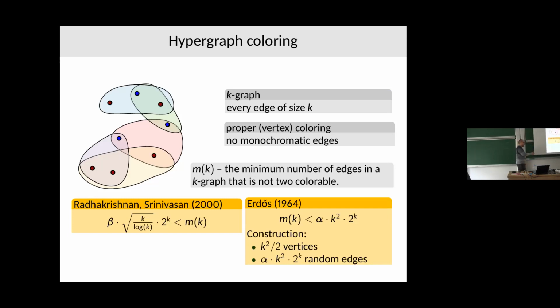And if you want some more convincing arguments to look at this in this way, there are some alternative definitions. So instead of asking what's the minimum number of edges, you can ask how large can be the expected number of monochromatic edges in a random coloring of vertices.